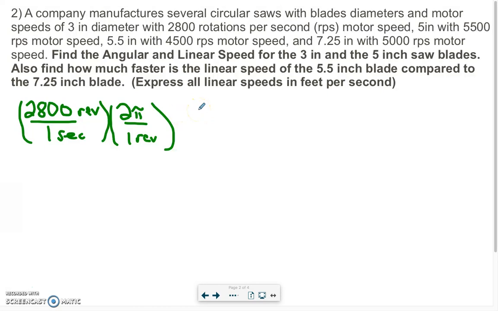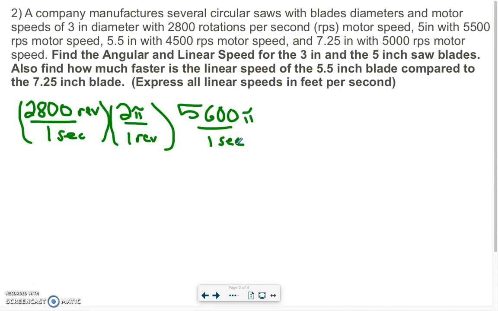So we take 2,800 times 2 pi, which is 5,600 pi over 1 second. Right now we're in radians, so this is 5,600 pi radians in 1 second.